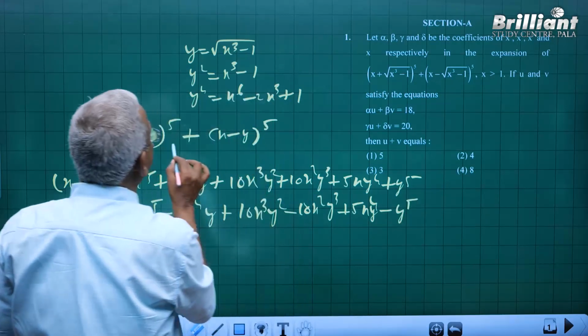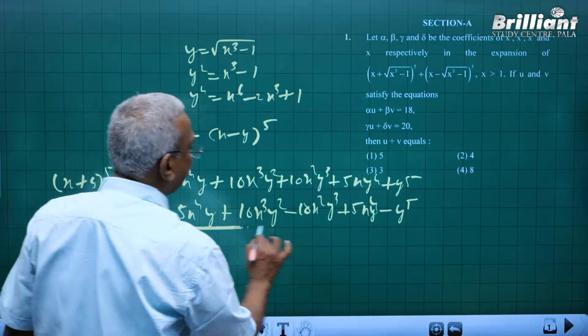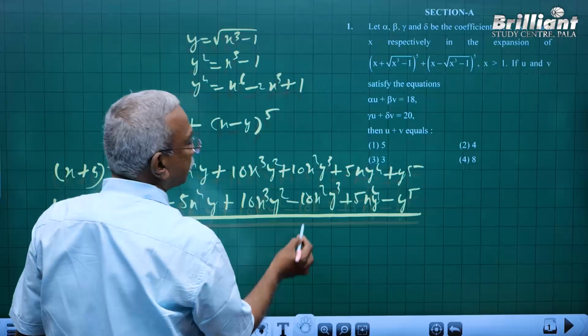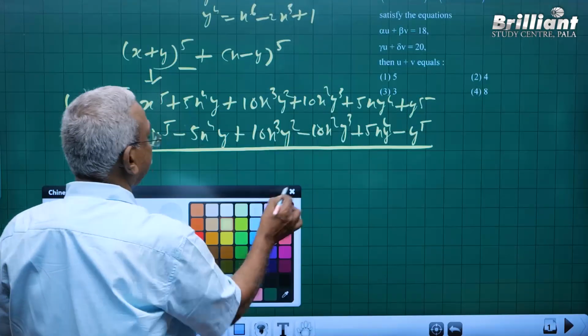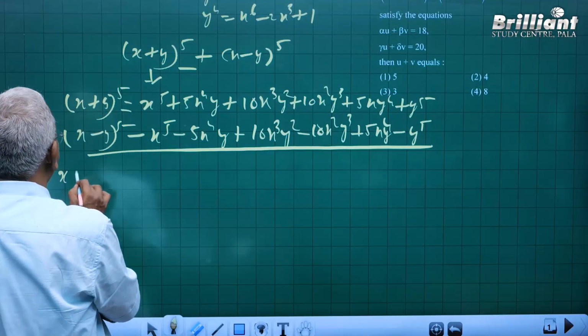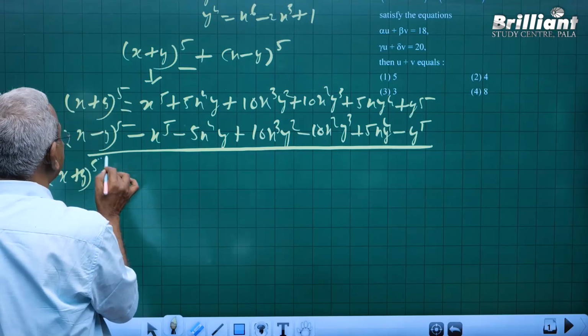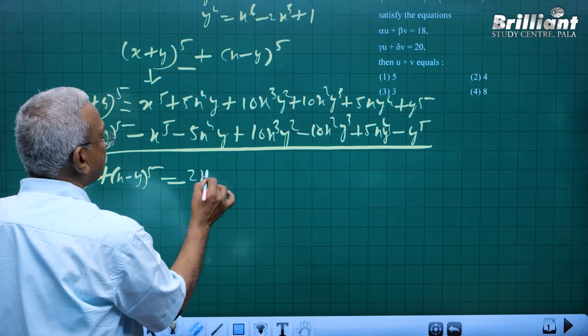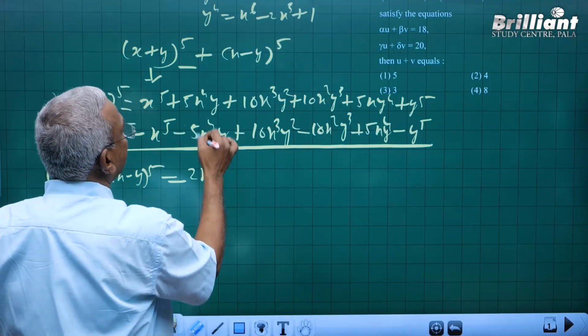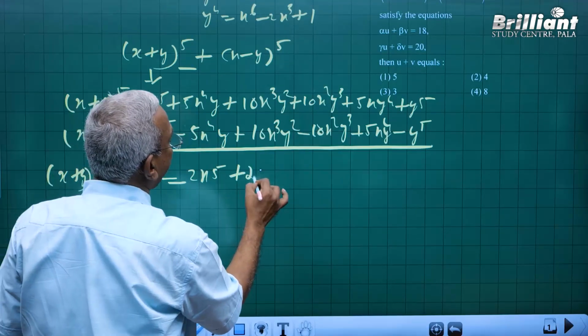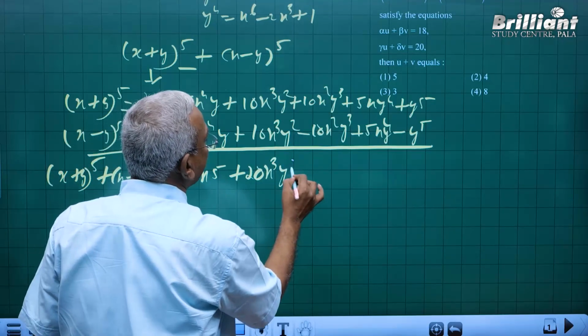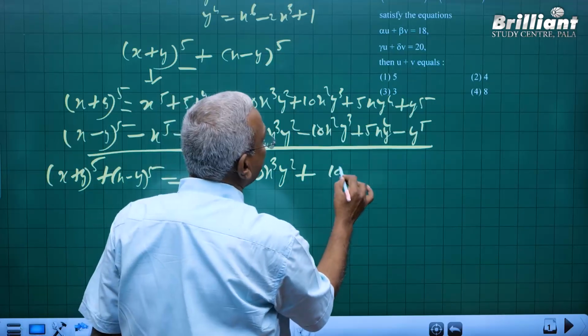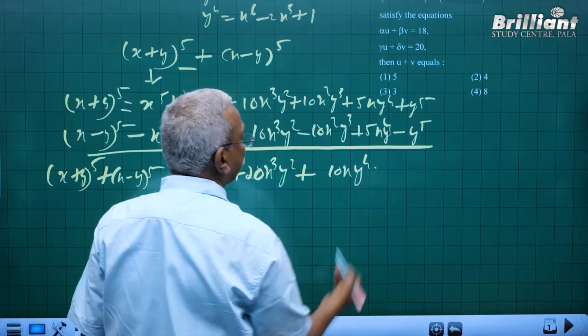Now we want to add, so take the sum. We can see (x + y)^5 plus (x − y)^5 will be 2x raised to 5, the first term, and the odd terms cancel, so you get 20x cube y square plus 10x y raised to 4.